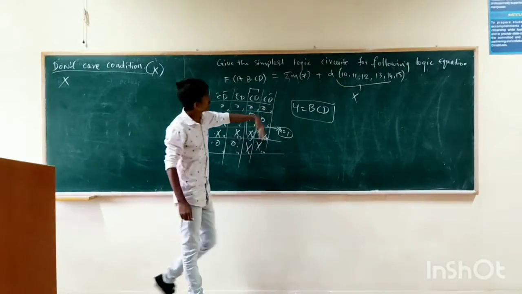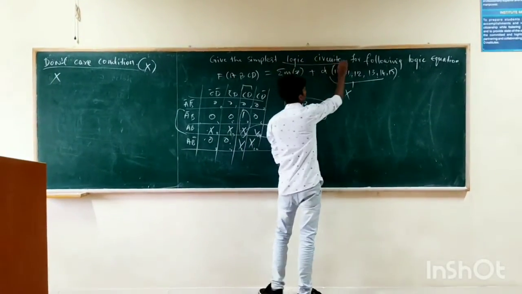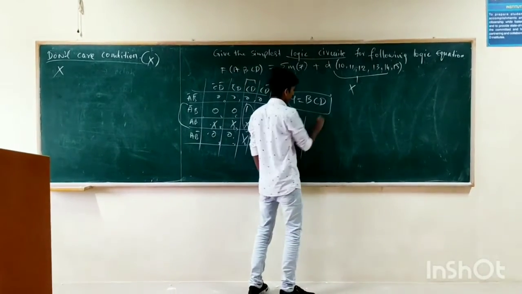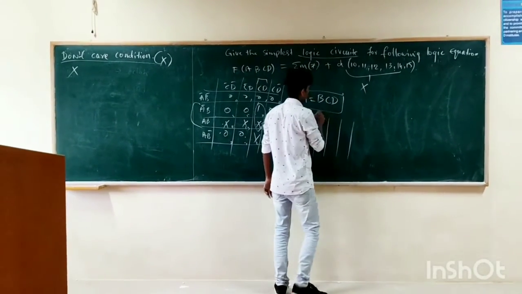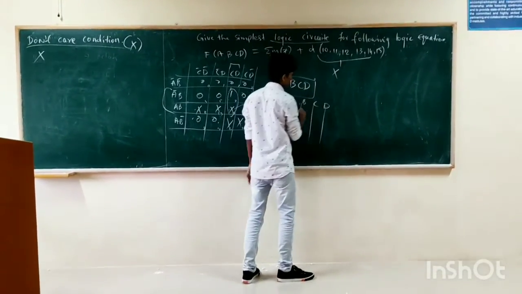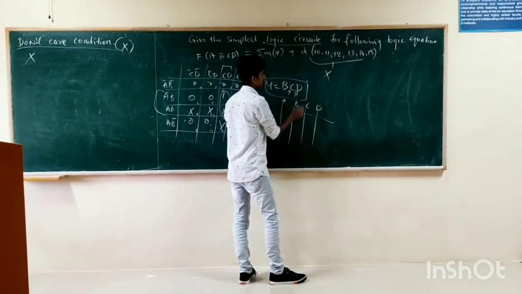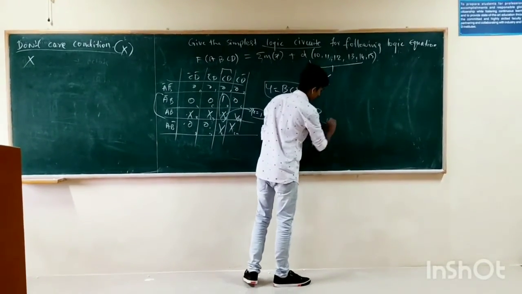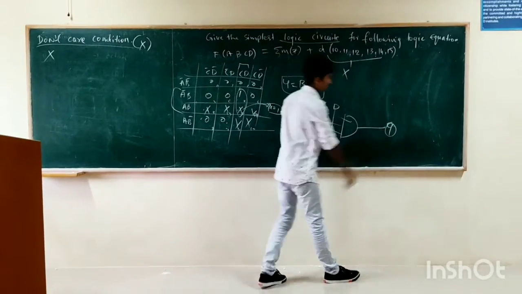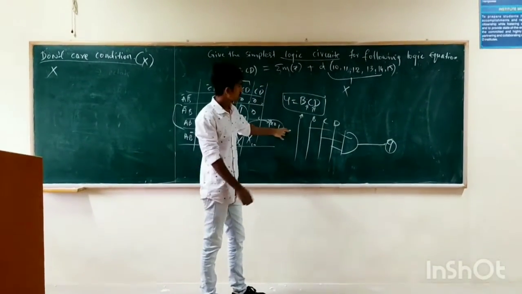And they ask for the logic circuit. How to write the logic circuit? See, take 4 variables ABCD. BCD connected with an AND gate: BCD, AND gate. This is the logic circuit. Why are we taking an AND gate?